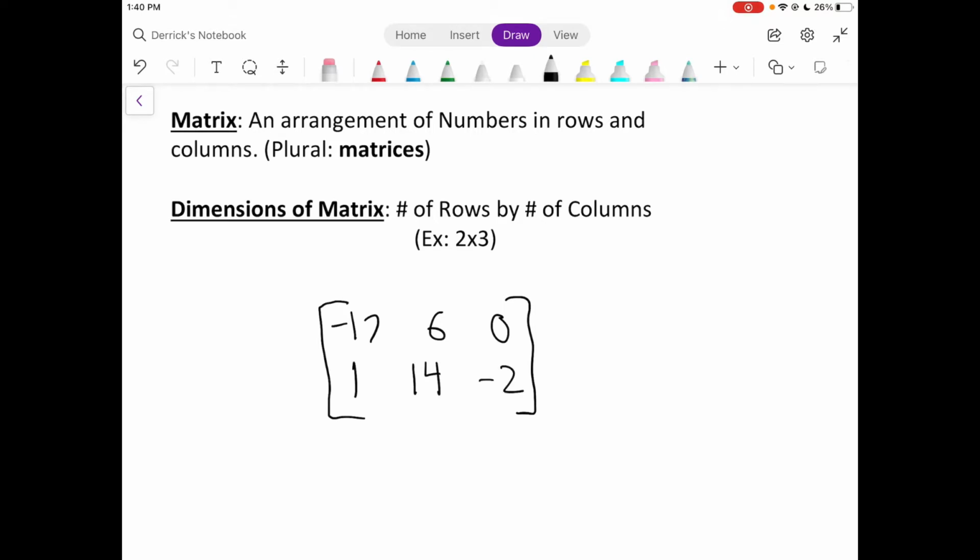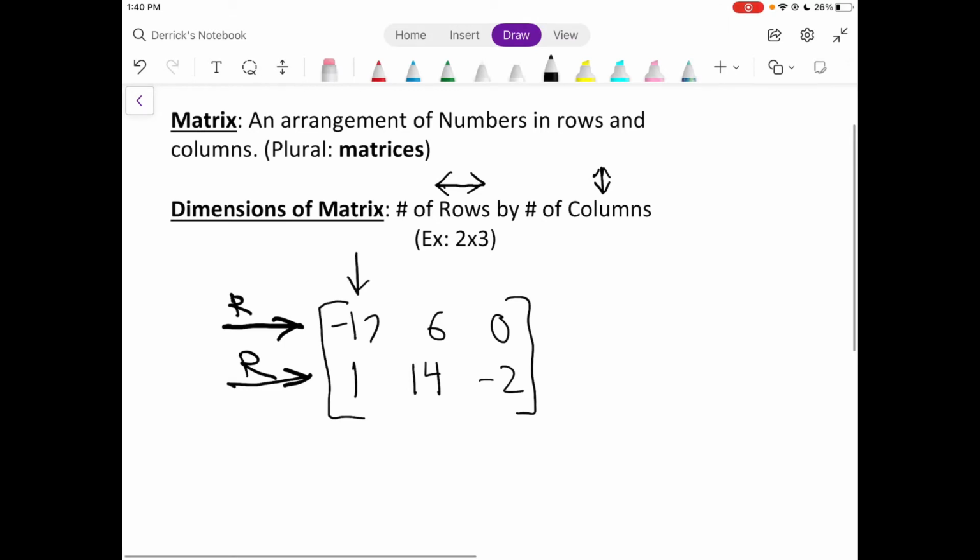So if you have a matrix that looks like this, understand that rows are side to side, and columns are up and down. Okay, rows are side to side, columns are up and down. So we have one row, two rows.